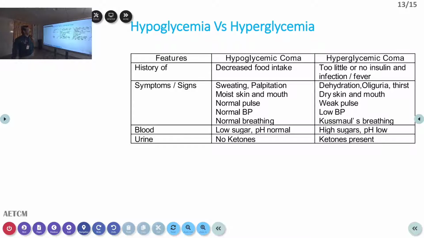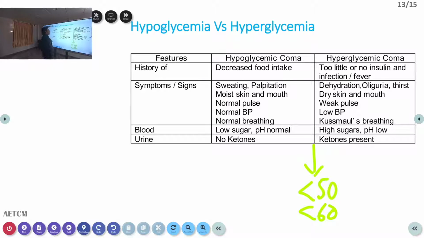Even in hyperglycemic coma, sometimes BP can be low, because the HHS patient loses a large amount of water. So these things may not be very useful in the emergency room. In the emergency room, you always depend on the glucometer. A glucose value less than 50 or less than 60 is very, very important.